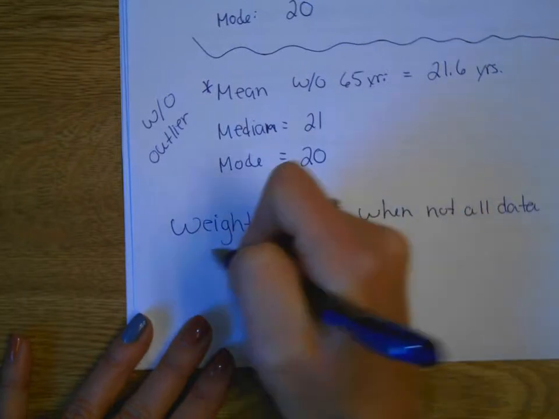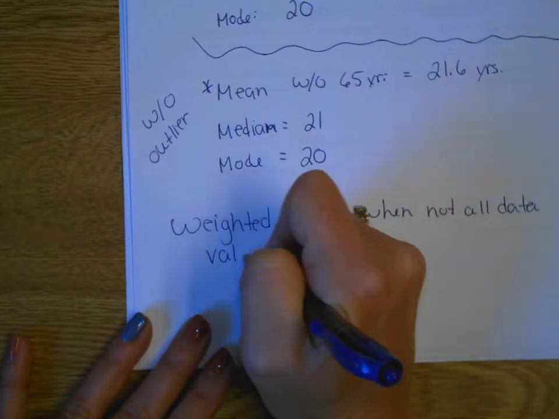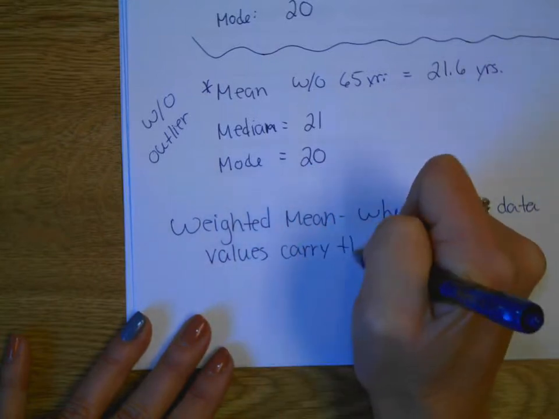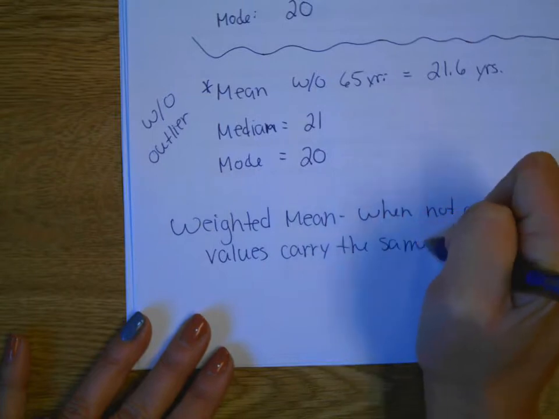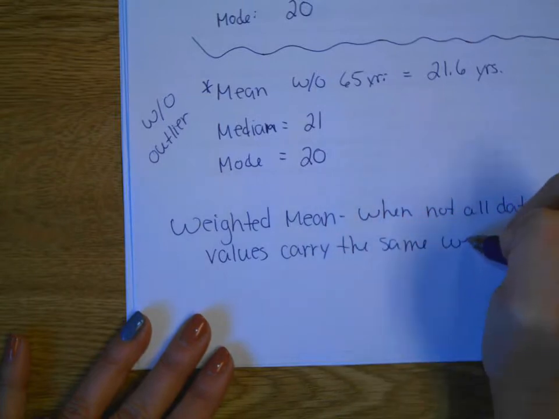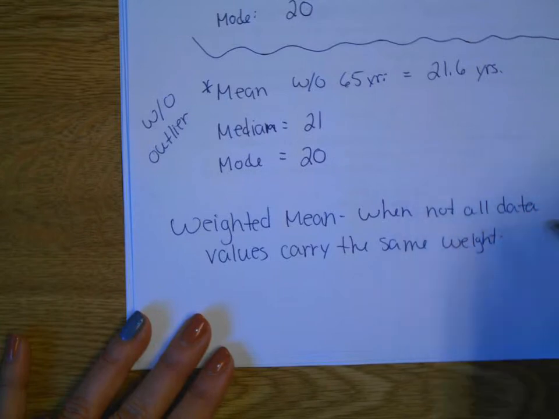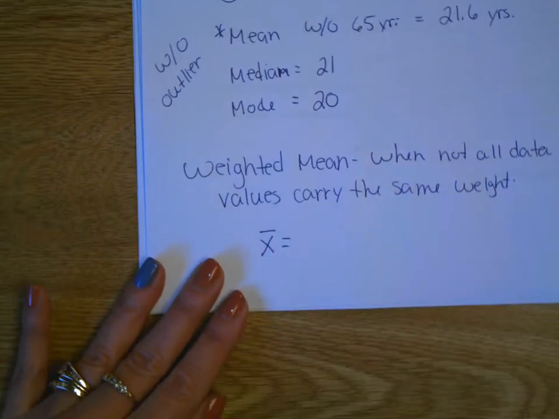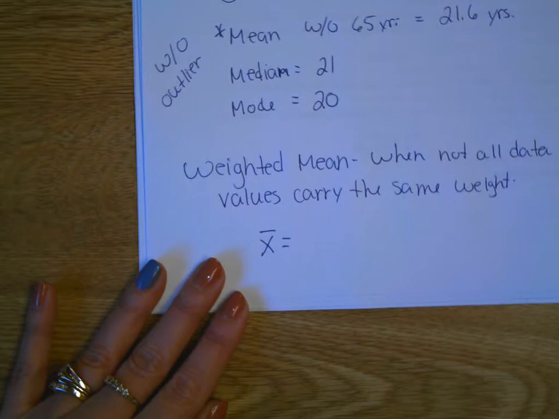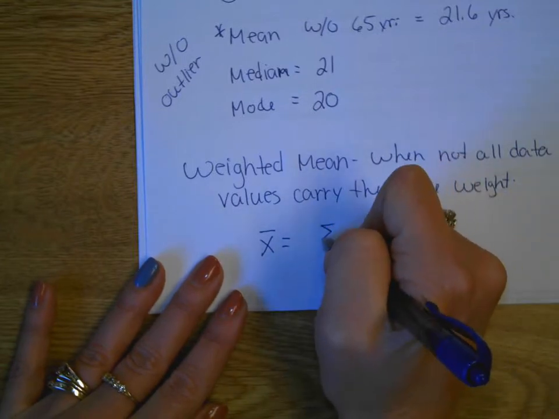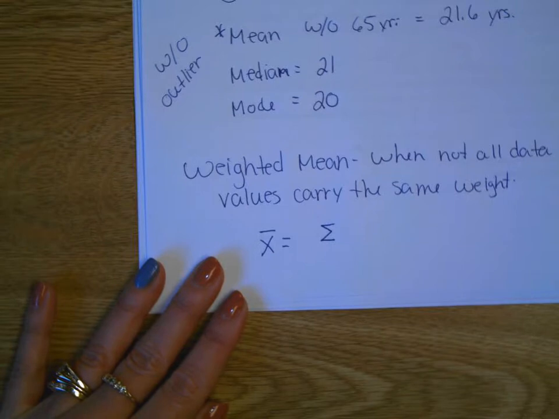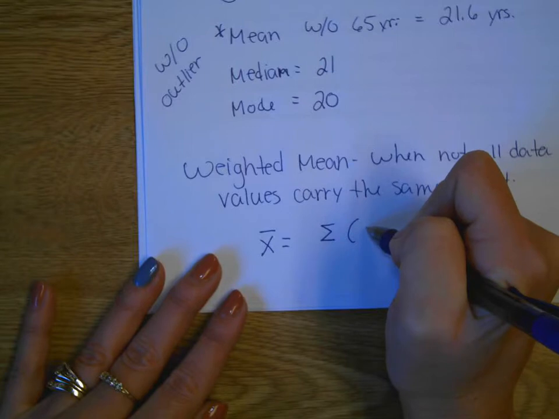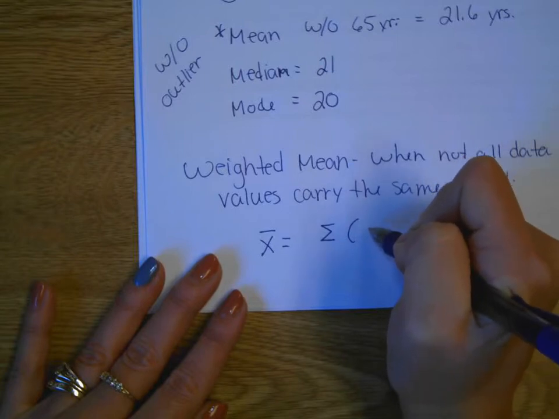When not all data values carry the same weight, how does that work then? Here's the formula. X bar is an average, remember? You're going to add up, and I think I'm going to say it in words instead of symbols.